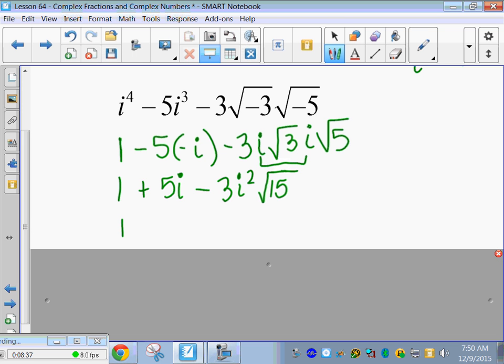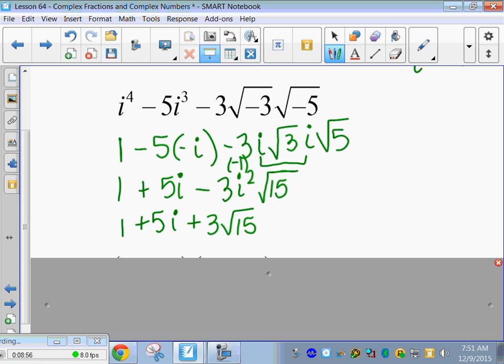All right, so 1 plus 5i. This right here is a -1 that we plug in for the I squared. So this becomes a +3 root 15. Normally we do real plus imaginary, so I'm going to put all of this part together and then put plus 5i.